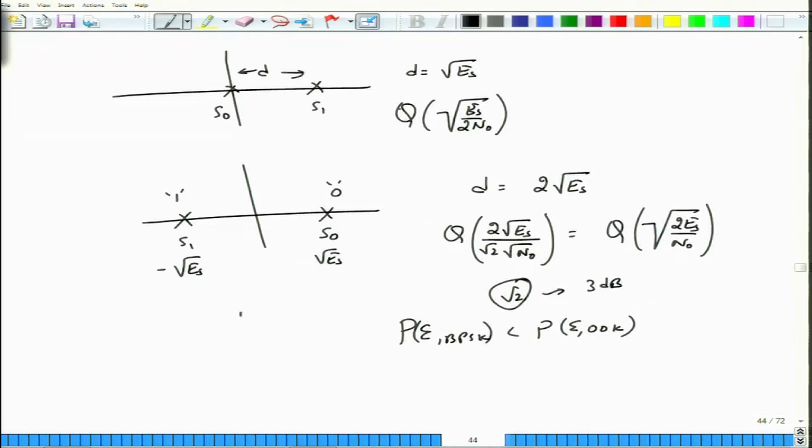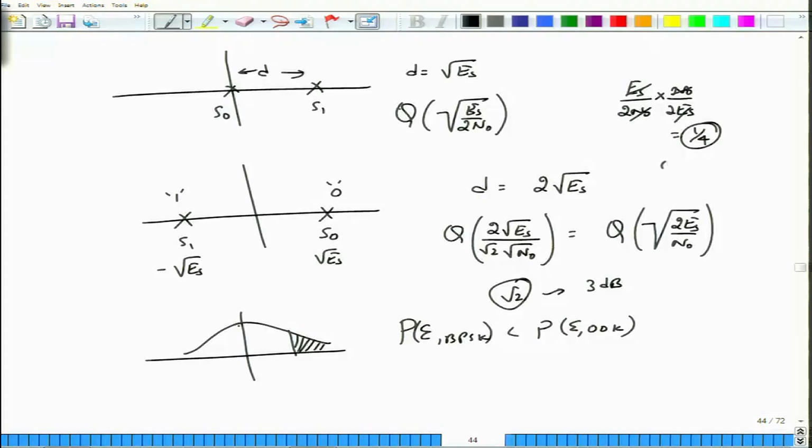Why is it so? Because this Q function will actually give you the area under this particular curve, and if you compare the two arguments, the argument for the on off keying system is ES by 2 N naught. If you take the ratio of these two, you are going to get N naught divided by 2 ES. So, this ES cancels, N naught and N naught cancel, and the argument is actually 1 by 4.